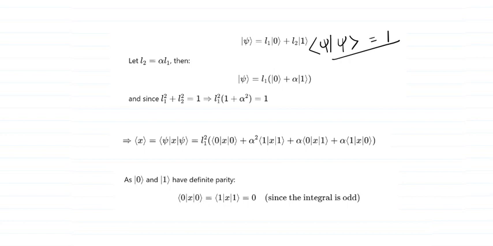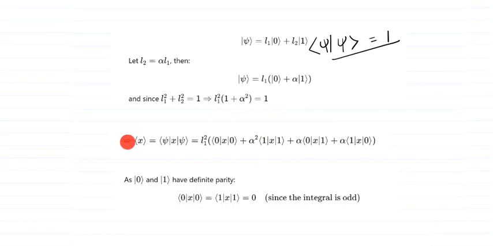So using this relation, L1 square plus L2 square will be equal to 1. So taking L1 square common and substituting L2 as alpha L1, we get L1 square into 1 plus alpha square equal to 1.